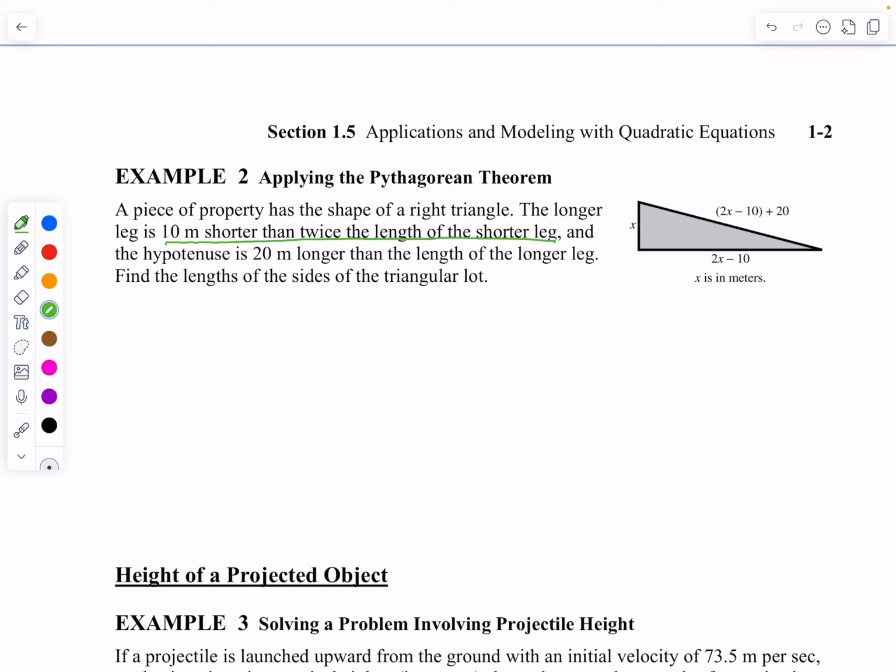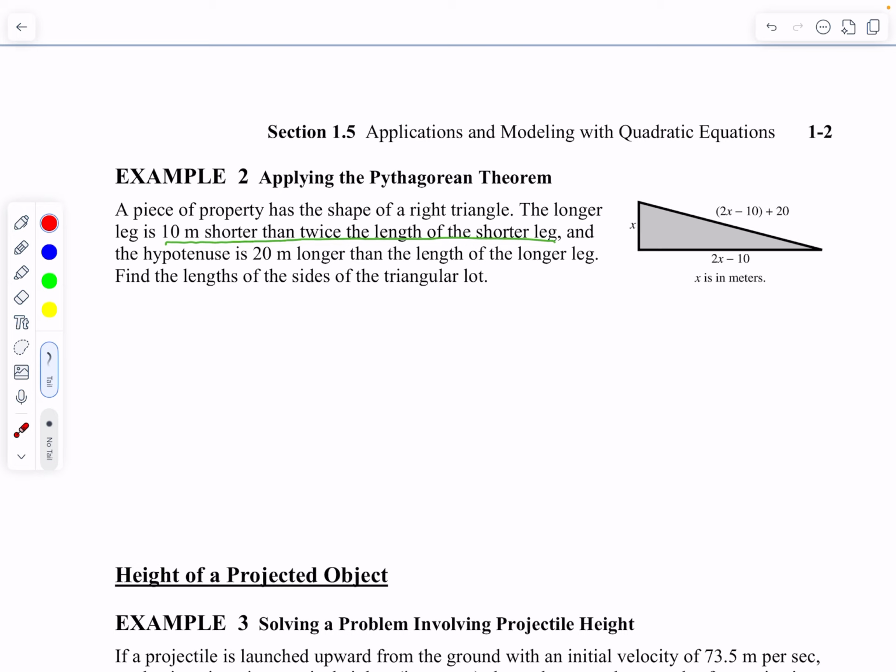Whew. All right, so when it says it's 10 meters shorter than, when it starts talking about the shorter leg, I'm going to let that be my x. So that's what we did. We put an x right there. And then this long one is 10 meters less, so I subtract it from twice this x. So that's how I got to 2x minus 10.